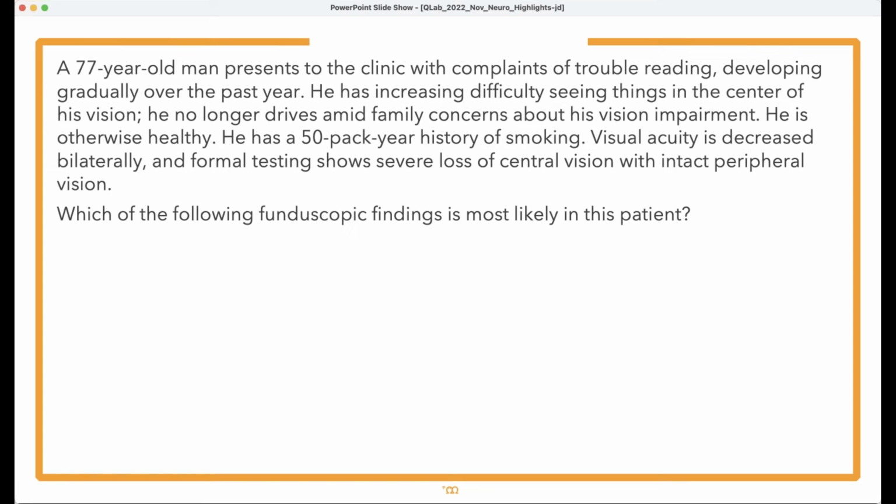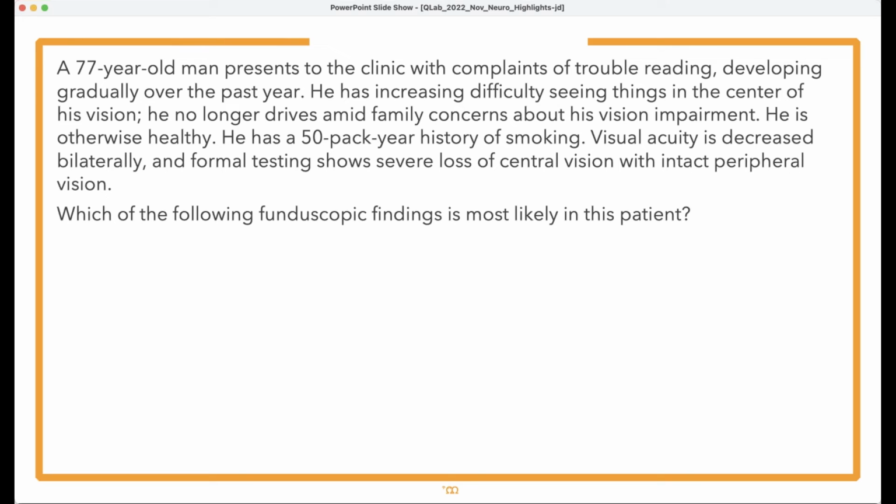So again, we'll start with the lead-in. Which of the following fundoscopic findings is most likely in this patient? So let's read the vignette. A 77-year-old man presents to the clinic with complaints of trouble reading, developing gradually over the past year. He has increasing difficulty seeing things in the center of his vision. He no longer drives amid family concerns about his vision impairment.